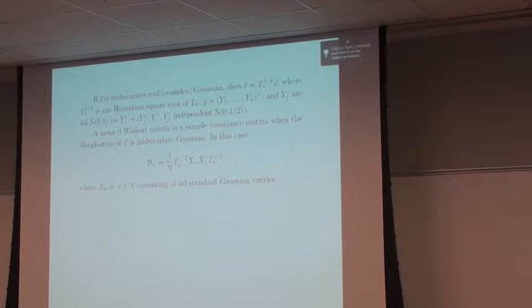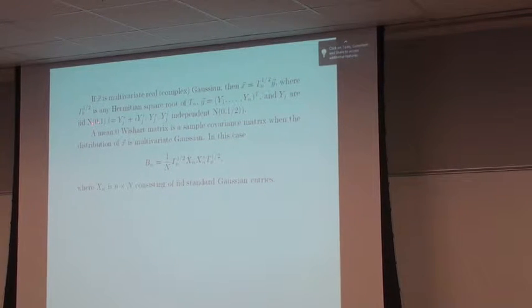In the case where X is multivariate Gaussian, real or complex, you can always express the random vector X as a non-negative square root of the population matrix times a vector Y which consists of independent components, where in the real case they are standardized Gaussian.